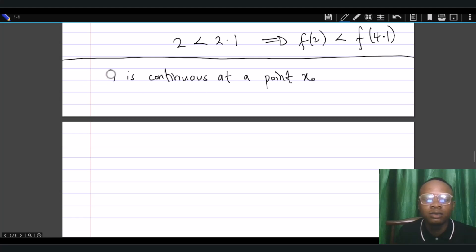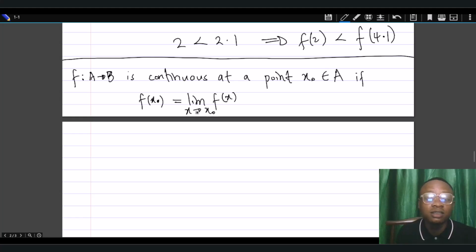Let's say f has a domain A, so f is some function that maps A to B. So f is continuous at the point x naught, an element of A, that is, at a point in its domain, if f of x naught is defined, that is, it is a real number, and it is equal to the limit of f of x as x approaches x naught.